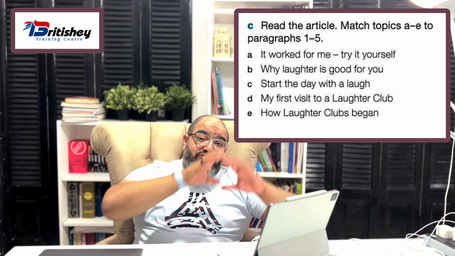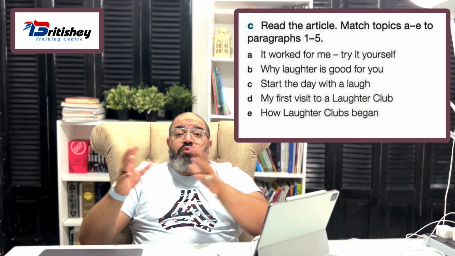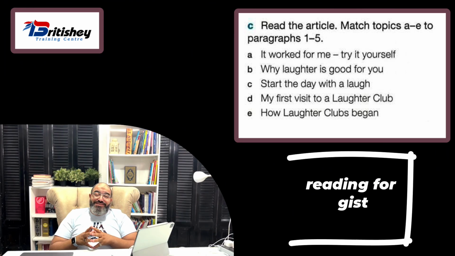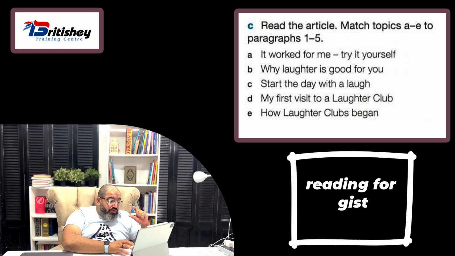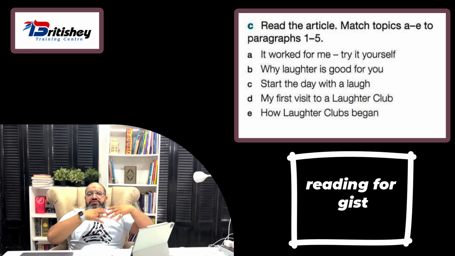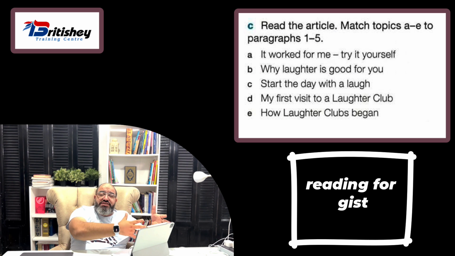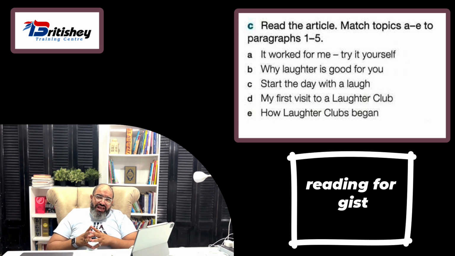So obviously this is reading for gist, because the students need to focus on the main idea of every paragraph so that they can match. Here the coursebook writer started with just reading, which is good because it's not that challenging. It's easy. And as we said, it's very important to start with what is easier and then move to what is more challenging.